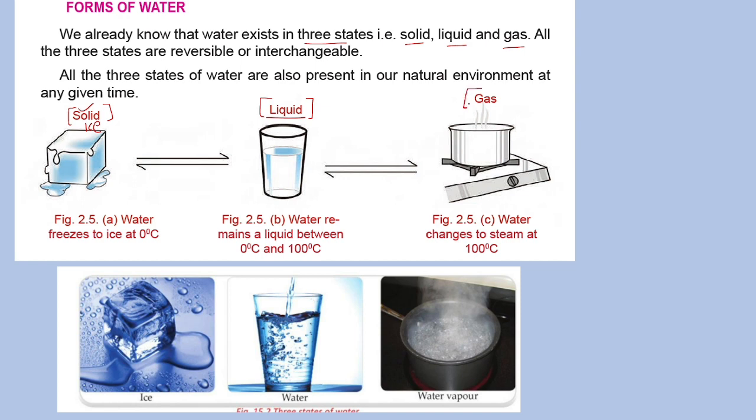Some water which we cannot see but is present in the environment is in the form of gas or water vapor. So water exists in all three states of matter, that is solid, liquid and gas state.